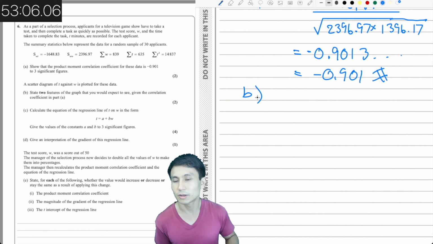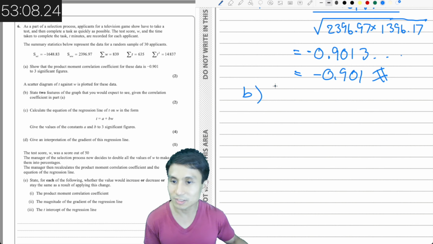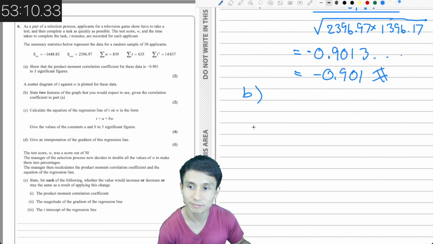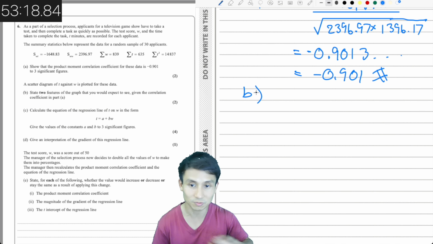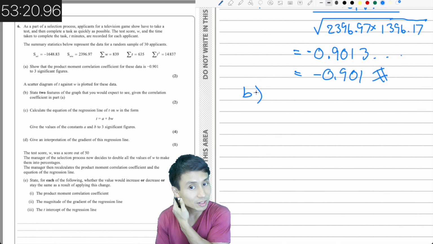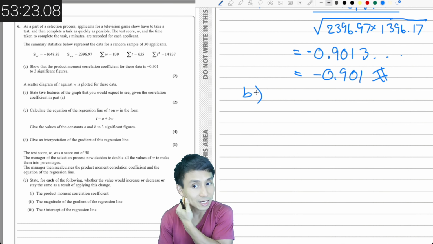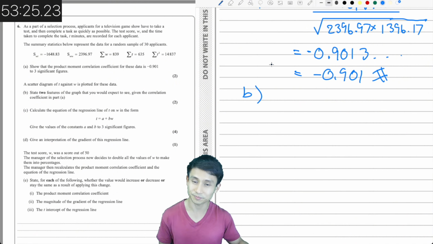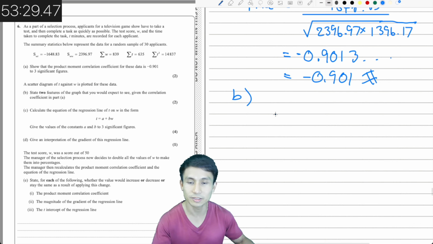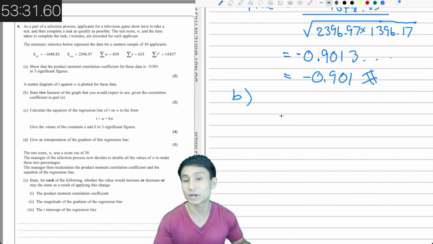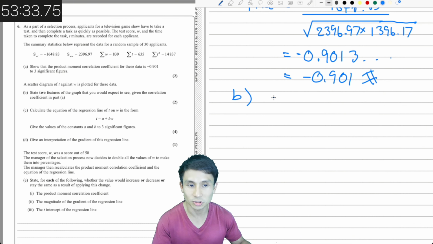Question B. A scatter diagram of T against W is plotted. State two features of the graph that you would expect to see given the correlation coefficient in part A. Two features. Okay, so two features means what is the kind of correlation it is. So one is a negative correlation.